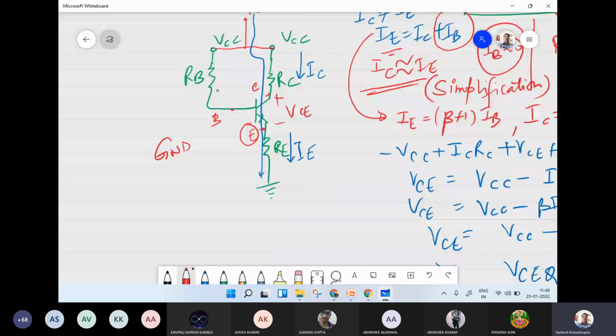So the voltage at the emitter in this case is the voltage drop occurring across RE, that is RE times IE. So the emitter voltage is this much. The collector voltage can now be found by using this relation: VCE is equal to VC minus VE.